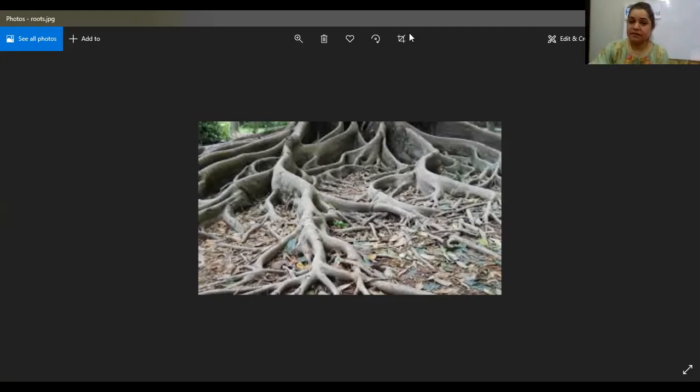So this is what roots are, and there are very different kinds of roots, right? So I am going to tell you about different kinds of roots, which you'll be able to see right now. I'm going to show you the pictures, and I'm going to tell you a little about those roots.